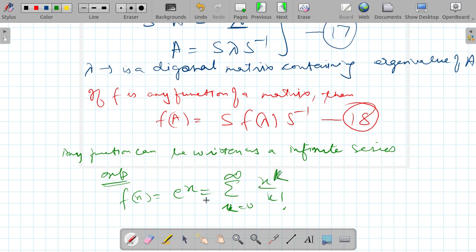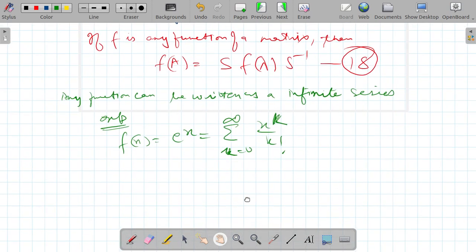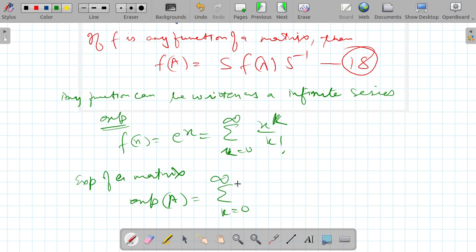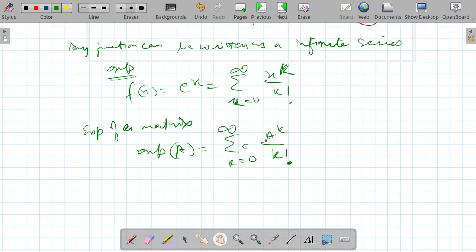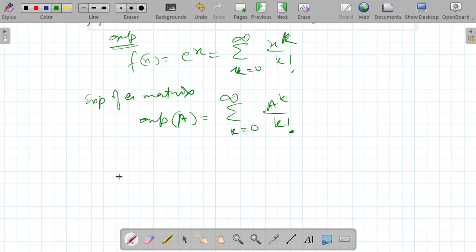This is the exponential series. So keeping this in mind, we can define the exponential of a matrix: exponential of A is equal to the summation k from 0 to infinity of A raised to power k over k factorial.